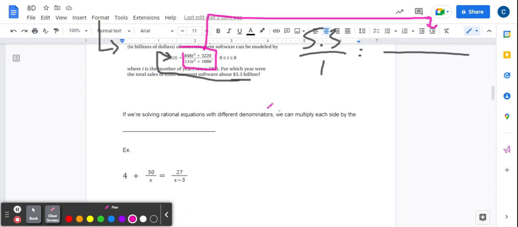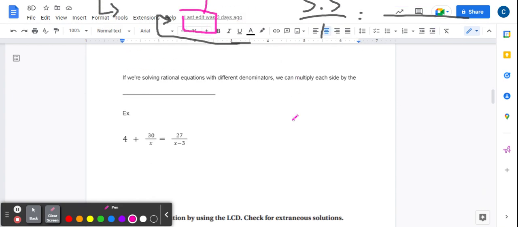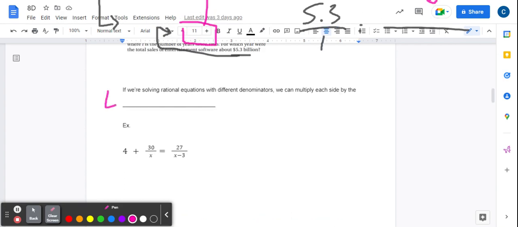Now, if we have rational equations with different denominators, this is where it gets a little bit more tricky. We can multiply each side by the least common denominator. Looking at this, we have a denominator of 1, a denominator x, and a denominator of x minus 3.